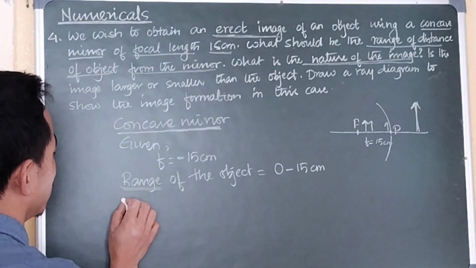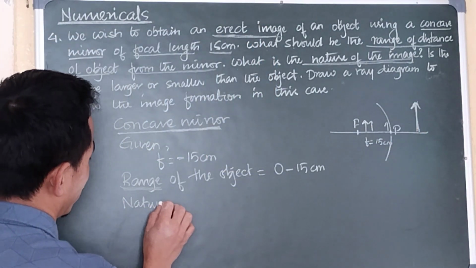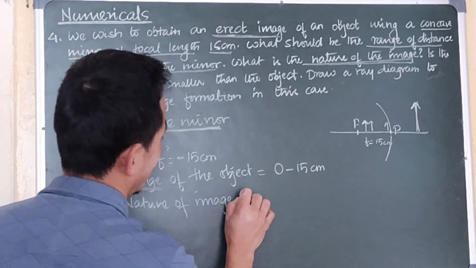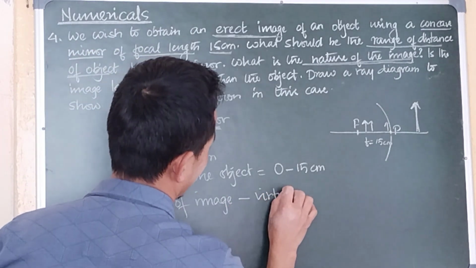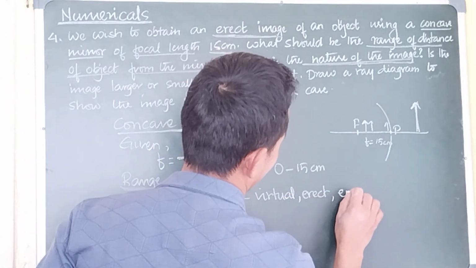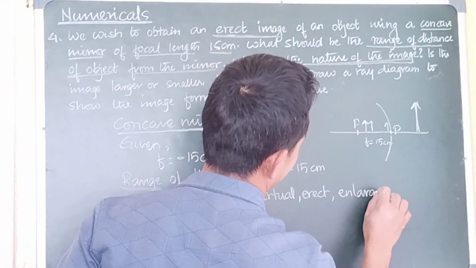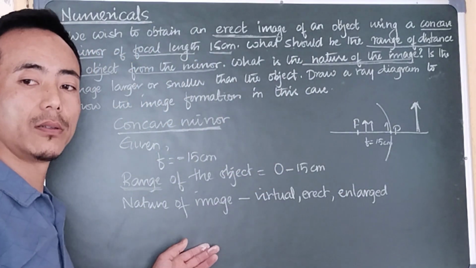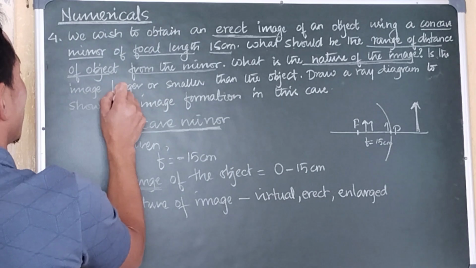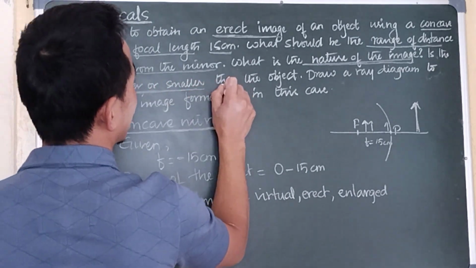So the second answer, nature of the image, will be virtual image, and virtual image is always erect, and also it will be enlarged or magnified.